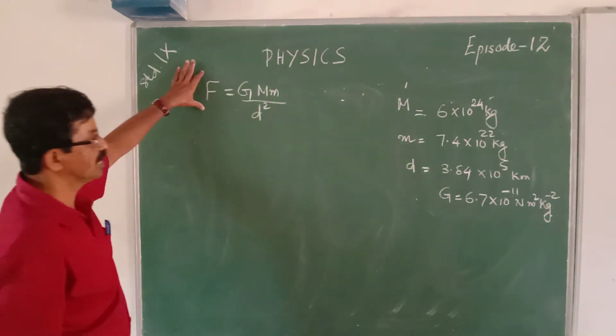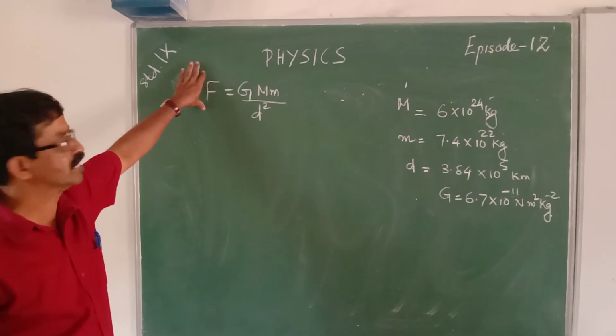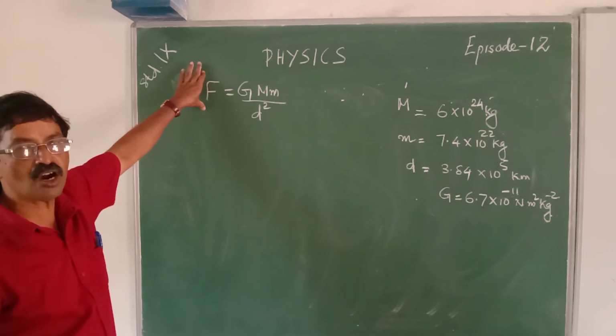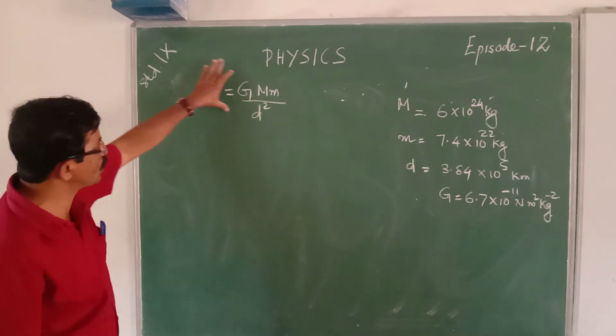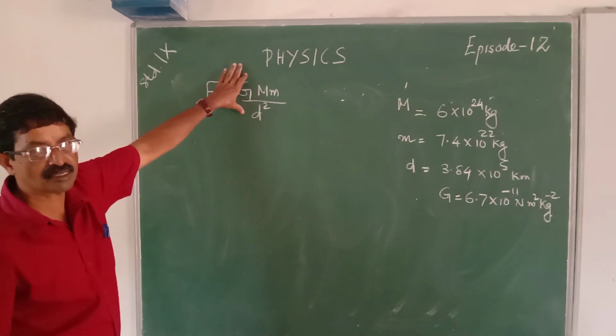Now we want to find the force exerted by the earth on the moon. F is equal to G M m by d square.